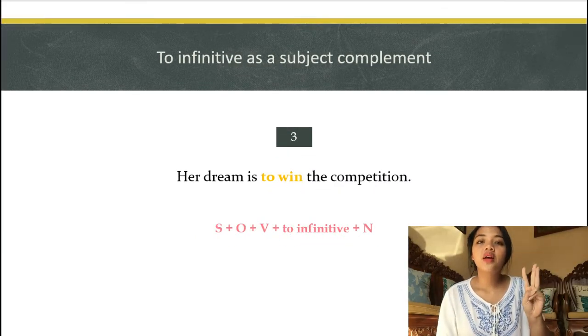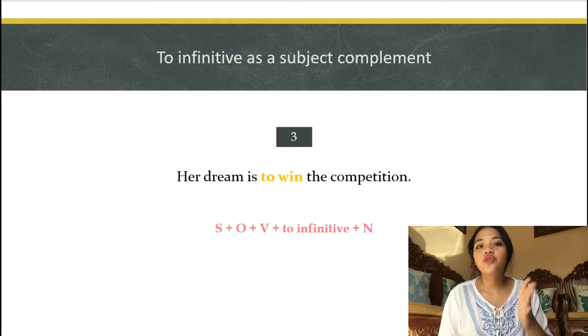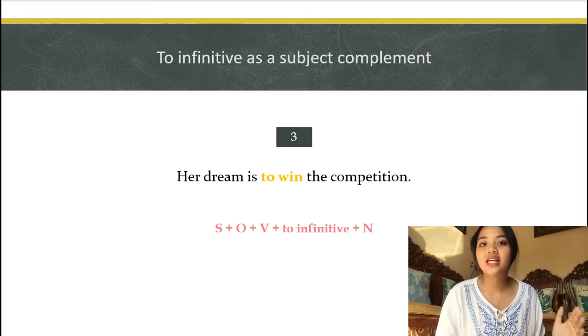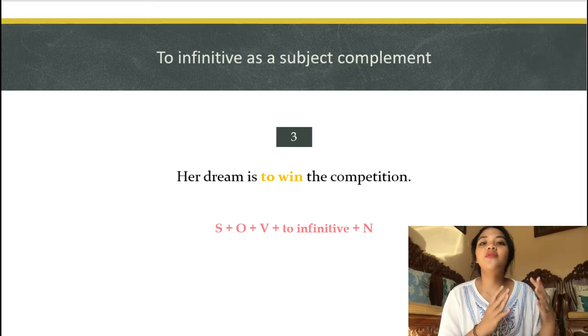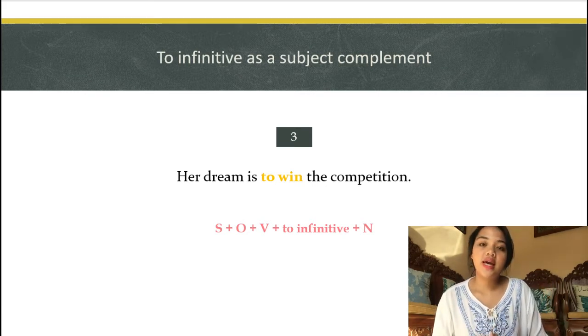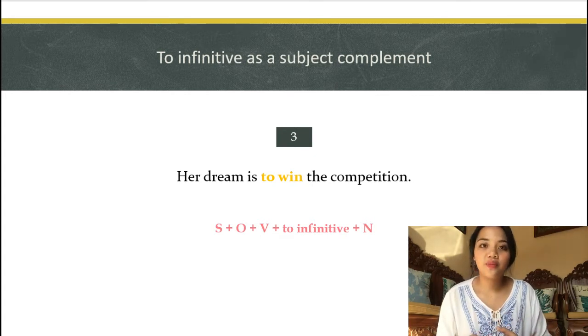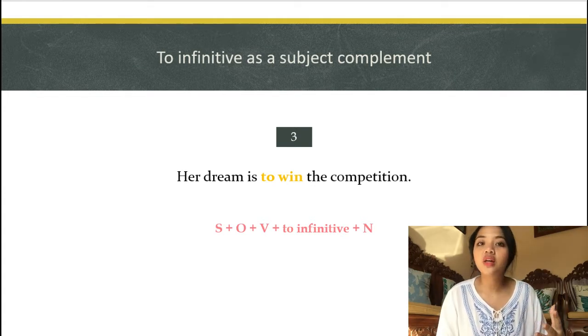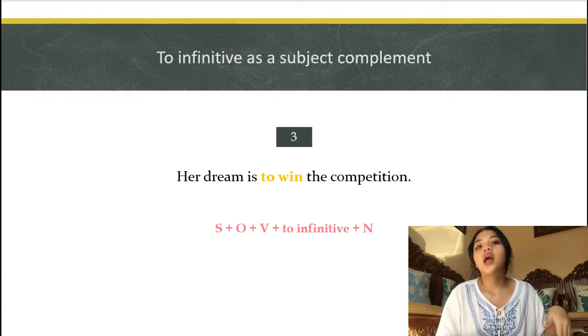The third example is: Her dream is to win the competition. The infinitive is to win. It is not a verb. It doesn't work as a verb. It works as a subject complement.